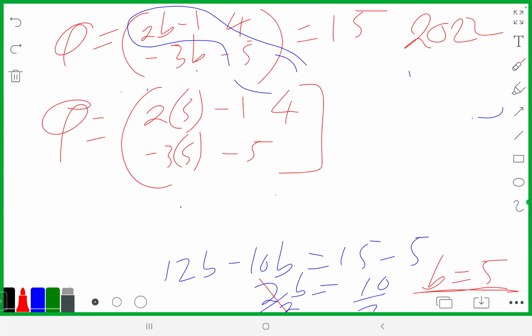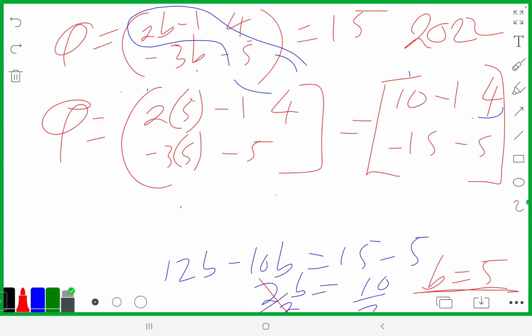I'm replacing in the same original matrix. They were putting B, now we have found the value of B. So the new matrix Q shall be equal to 10, minus 1, 4, negative 15, negative 5. Are we good?